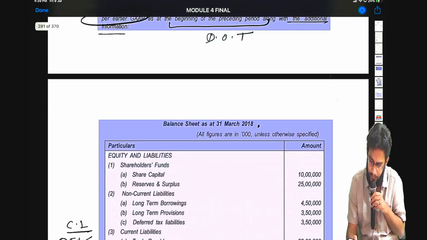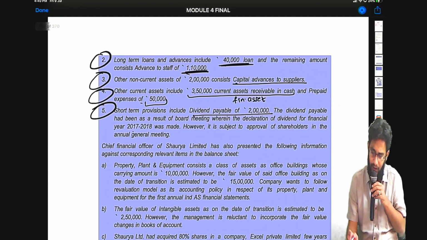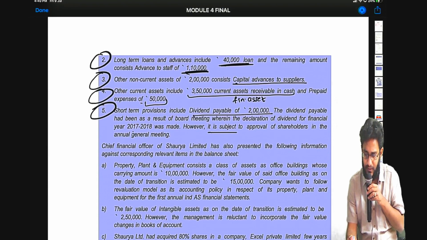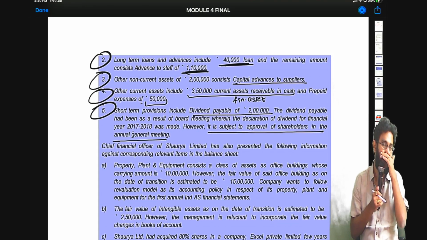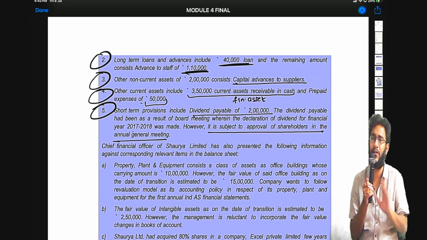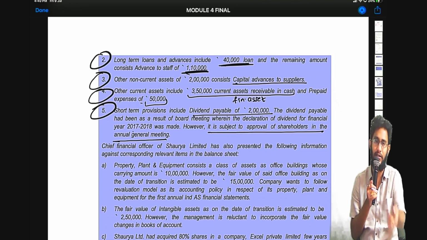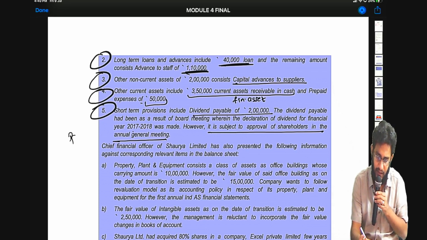Wait a moment. Yeah, for this current year the board meeting has declared dividend. However, it is subject to approval of shareholders in the annual general meeting. That means whatever dividend the board has resolved is not final, it's not an interim dividend, it's a final dividend. It's subject to approval of shareholders in the AGM, which means indirectly it is a proposed dividend.